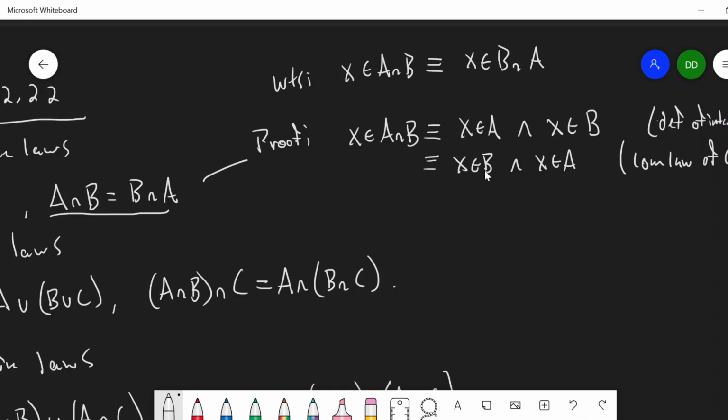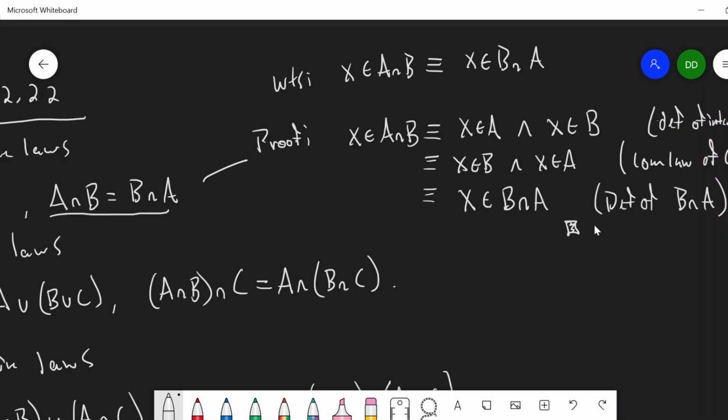And now I'll build back up to sets. I'll use the definition of intersection again, with this statement, to conclude that this is the same thing as X is in B intersect A. So that's the definition again of B intersect A.